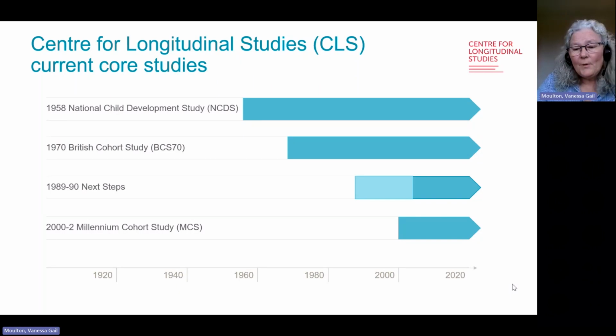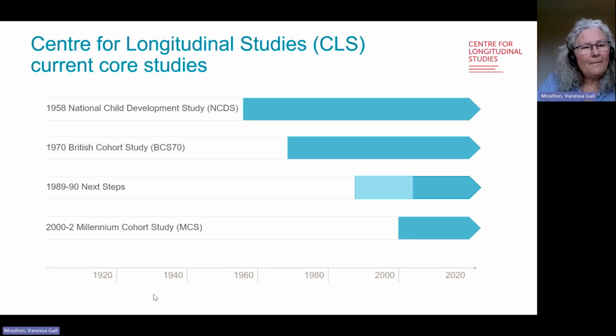Then Next Steps, which is slightly different from the other three, as the study began when they were aged 13 to 14 and was initially run by the Department for Education up to age 20, is England only and has just under 16,000 participants. And then finally, the MCS, who were born in the UK from 2000 to 2002 and had around 19,000 participants.